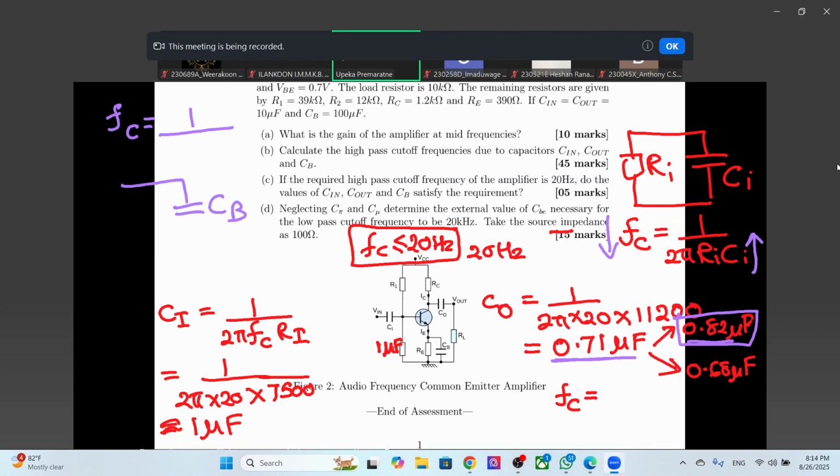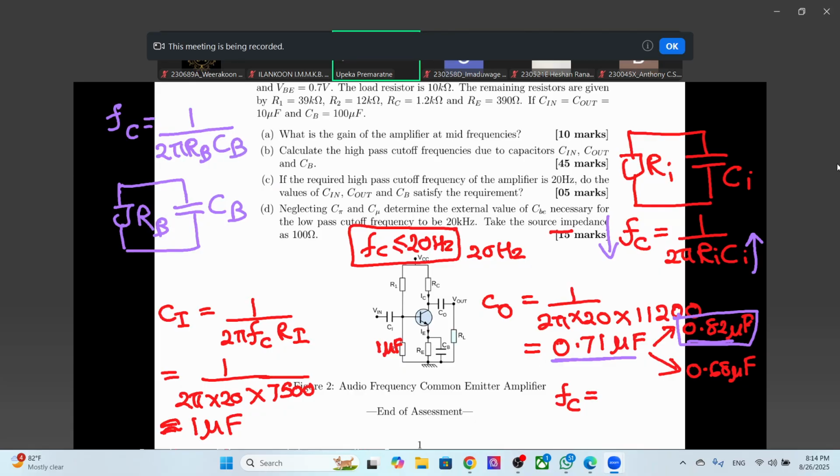Here we have the bypass capacitor, and here we have the equivalent resistance, which we'll take as RB. So the cutoff frequency will be 1 over 2 pi times RB times CB.